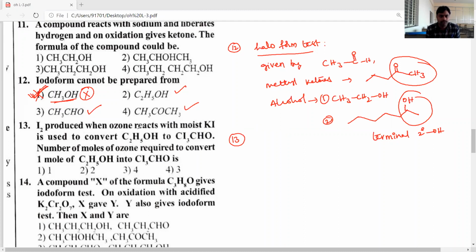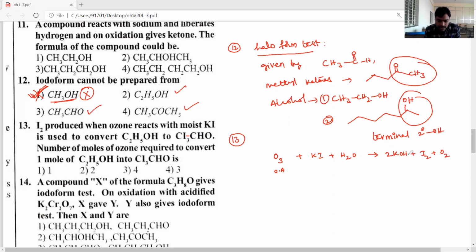Iodine is produced from ozone reacting with moist KI. It is used to convert ethanol into CHI3 and then CI3CHO. How many moles of ozone are required? This is also an iodoform test application. Ozone is an oxidizing agent. It oxidizes KI, potassium iodide, in the presence of water, and is converted into 2 moles of KOH plus I2 plus O2.